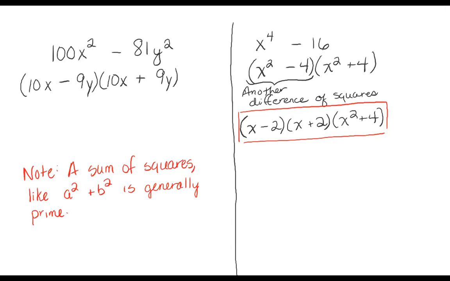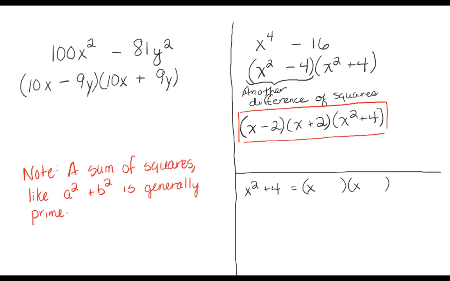And to think about why that's the case, if we tried to factor that x squared plus 4, our only options would be an x and an x. And then we could use a variety of numbers to get the 4. We could use 1 and 4, or 2 and 2, or -2 and -2. But no choice, since they have to have the same sign, will allow us to cancel out the middle term.